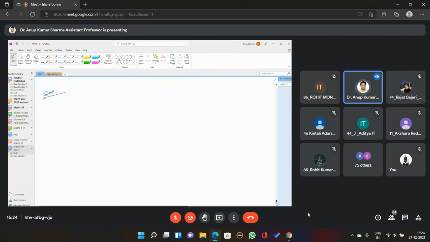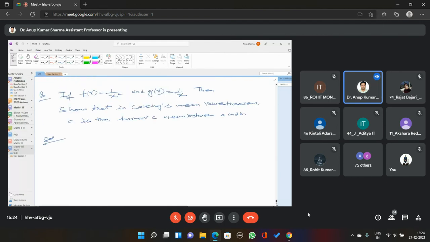One more problem we will do. So you have to go through the process. You have to first write the statement that it is continuous in the given interval, so that Cauchy's mean value theorem applies.